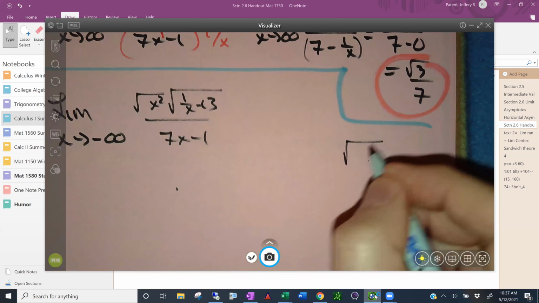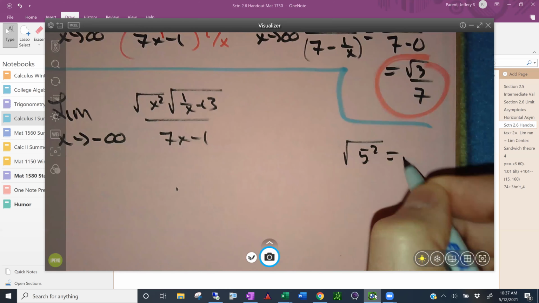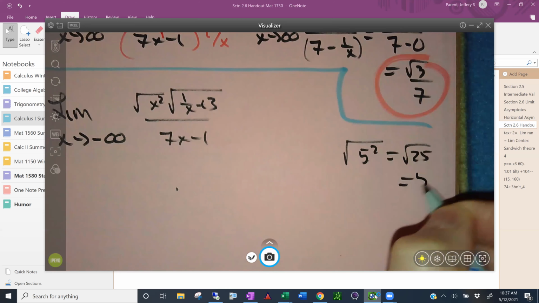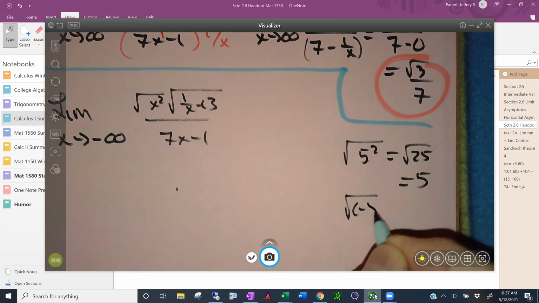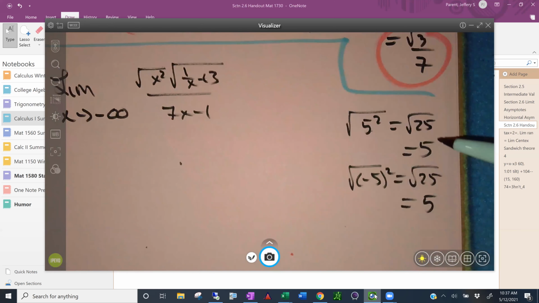If you take 5 and square it and then take the square root, you get the square root of 25, which is 5. If I take negative 5 and square it, I get 25, and the square root is positive 5. So if you're starting out with an x squared term and then taking the square root, which one should you get?